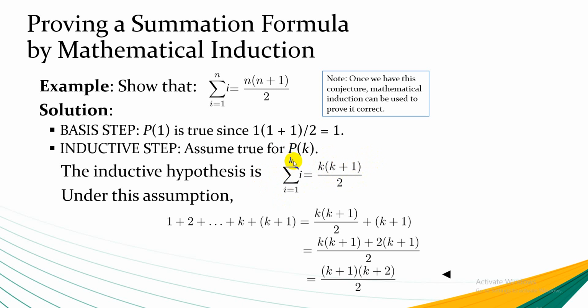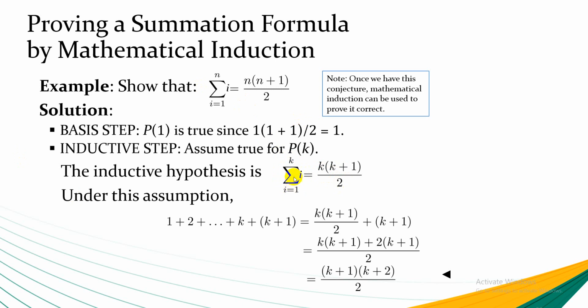If you put k plus 1 here, we will get k plus 1 multiplied by k plus 2 over 2. Just replace k with k plus 1. So you have to find that the sum from i equal to 1 to k plus 1 of i is equal to k plus 1 multiplied by k plus 2 over 2. Okay, so to prove this, let's start from here.